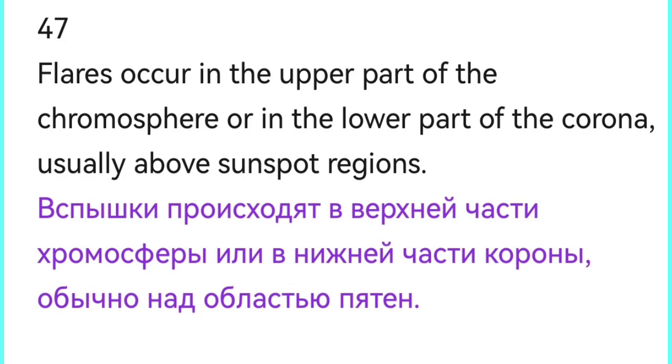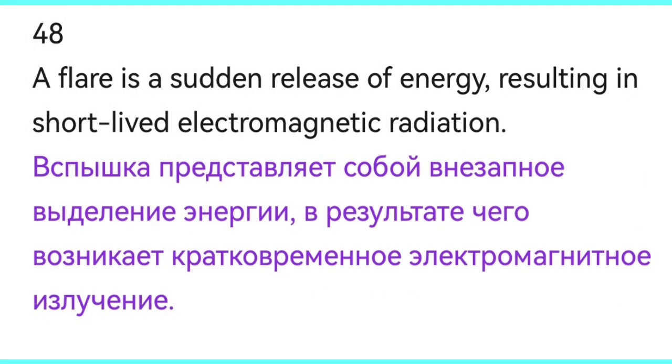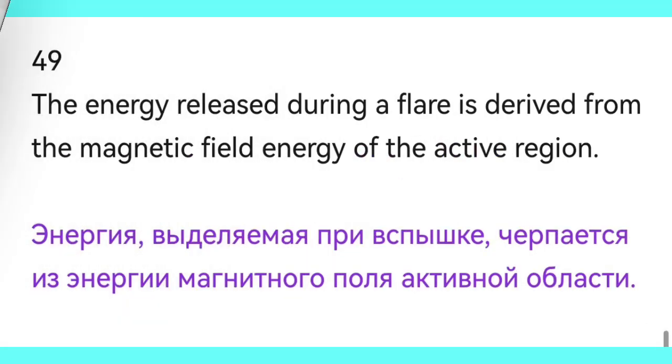Flares occur in the upper part of the chromosphere or in the lower part of the corona, usually above sunspot regions. A flare is a sudden release of energy, resulting in short-lived electromagnetic radiation. The energy released during a flare is derived from the magnetic field energy of the active region.